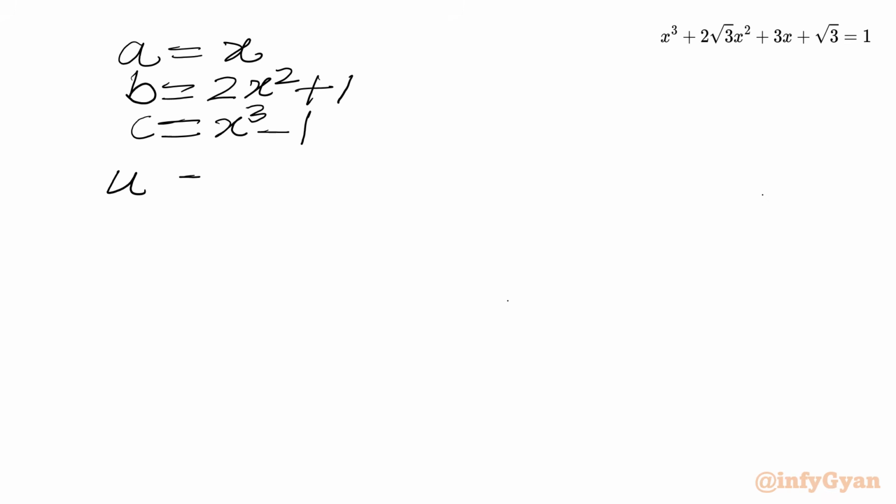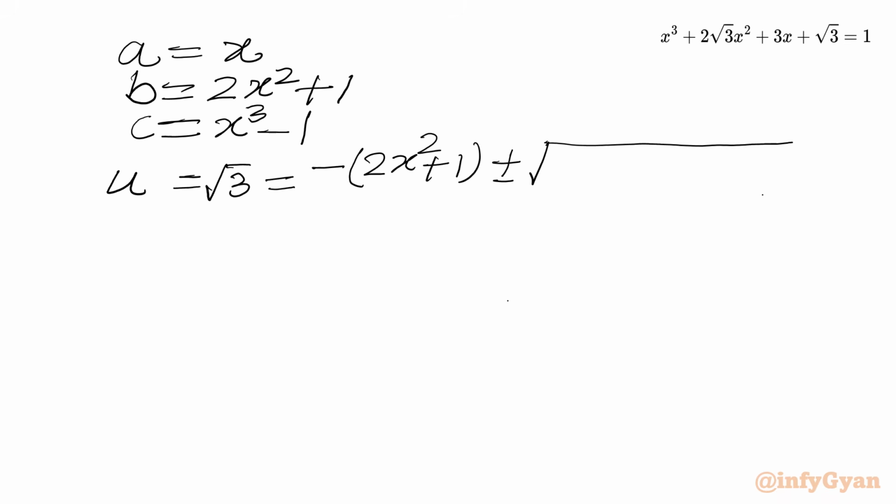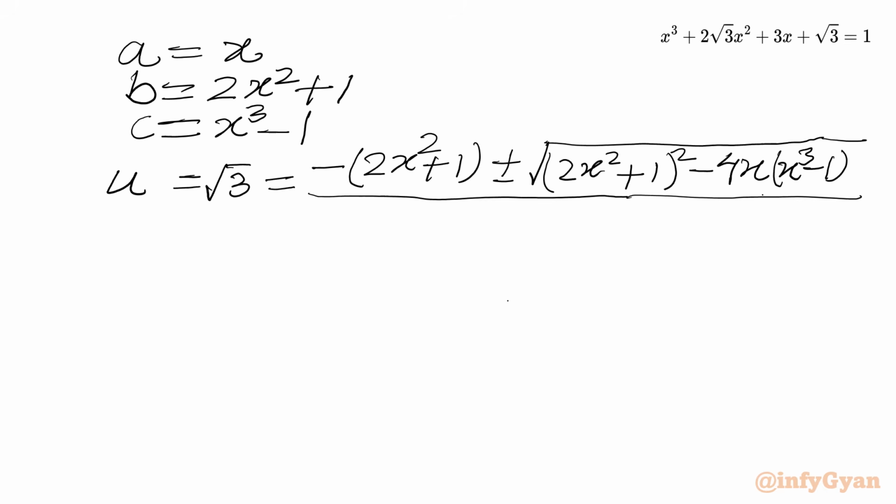So we'll write u equal to root 3 equal to minus b, so minus 2x square plus 1, plus minus square root of b square, so 2x square plus 1 whole square, minus 4 times a is x, c is x cube minus 1, over 2 times a is x, so 2 times x.